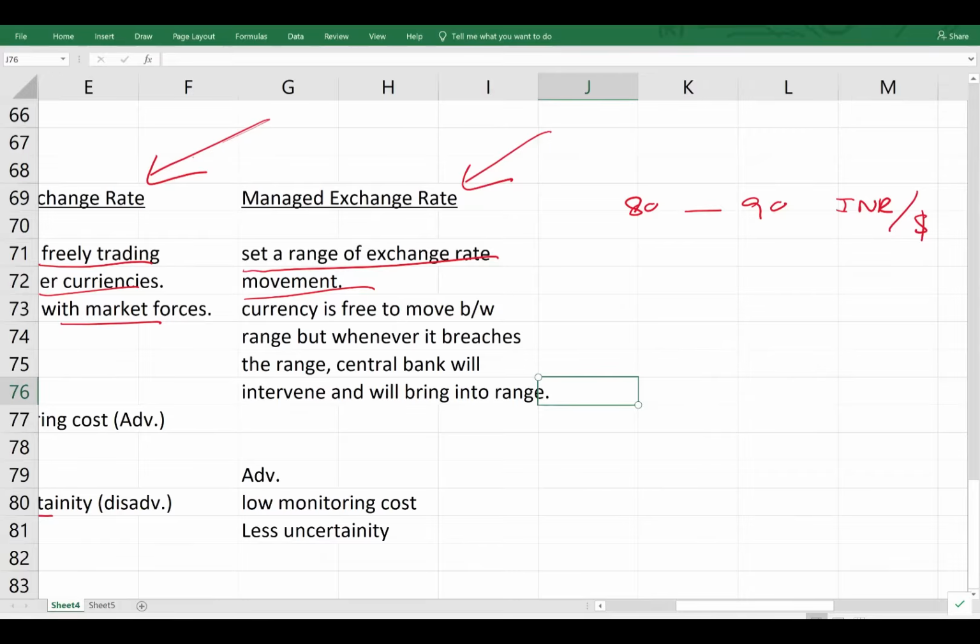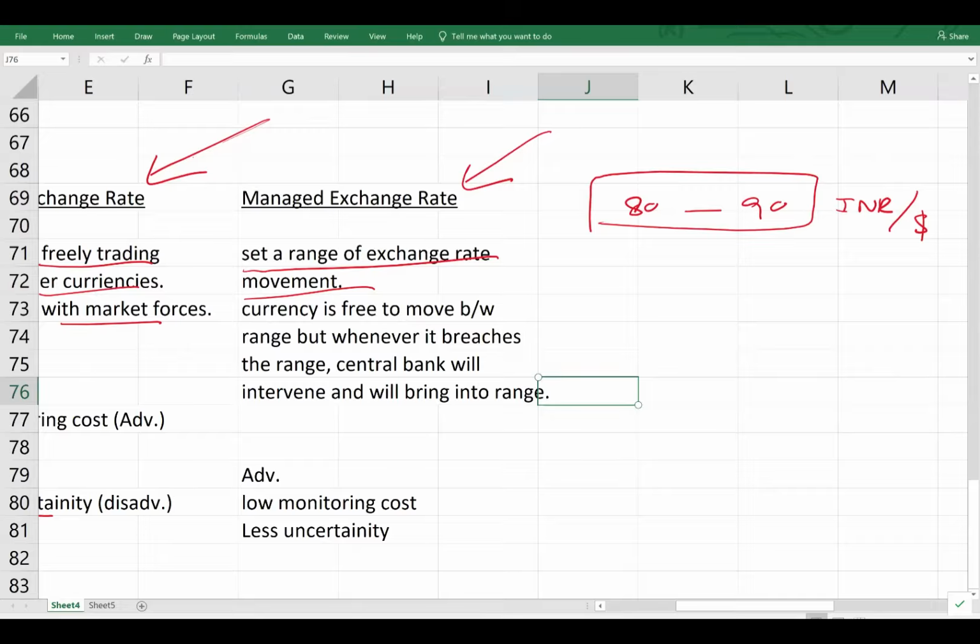Okay, let's say the central bank of India sets this range. So what will the central bank do? The central bank will not take any initiative if the currency rate moves between 80 and 90. But when it tries to cross 90, the central bank will step in using their policies and try to move it back within the range.